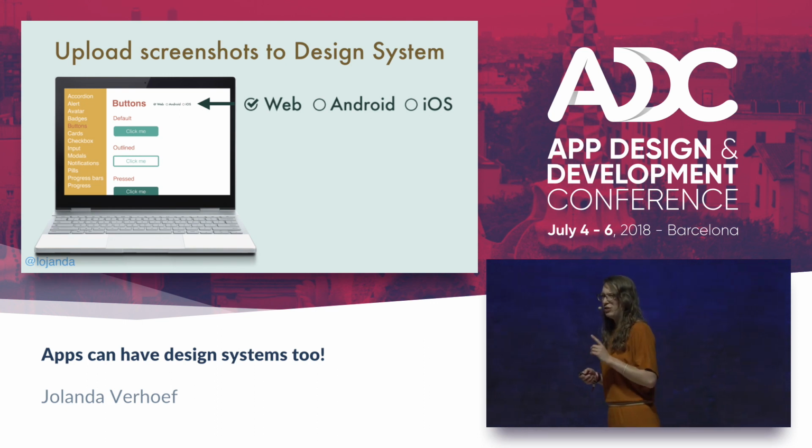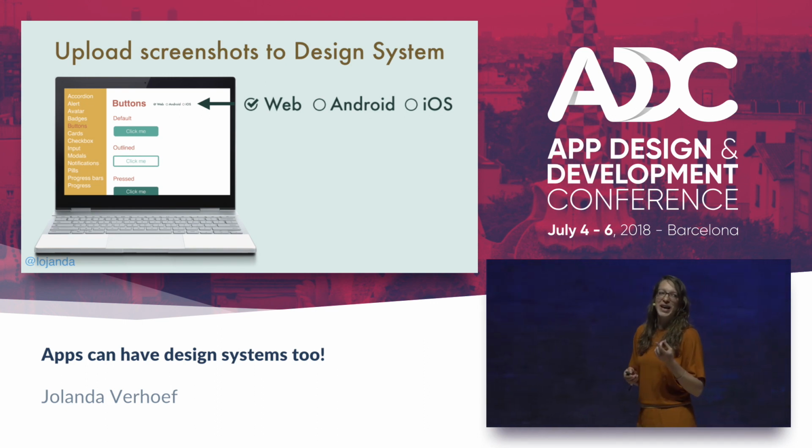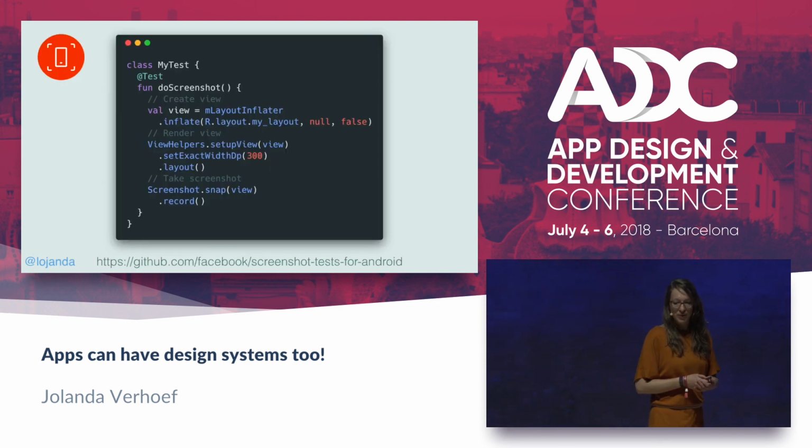But we have to be really sure that we are not creating manual screenshots, because that way we don't have a living design system anymore. We would have to go back and forth continuously every time we change a component, create new screenshots, and put them on the website. So we do really want this to be living again. We do want this to be completely in sync with our current code.